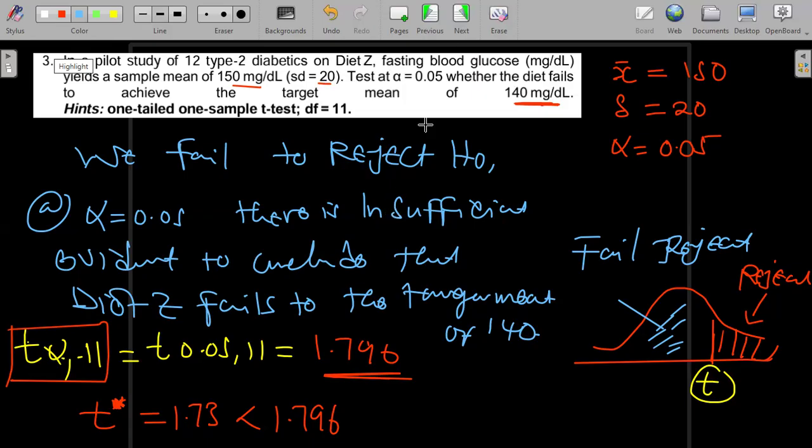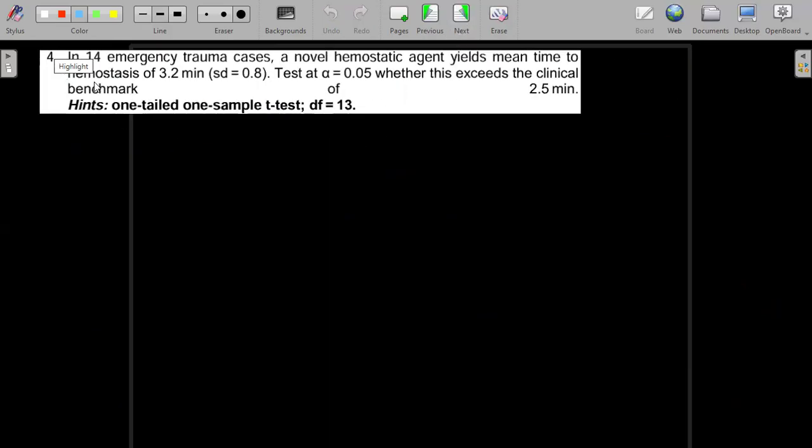Let's look at our last question. They're saying that in 14 emergency trauma cases, so 14 is the sample size, a novel hemostatic agent yields a mean time to hemostasis of 3.2.